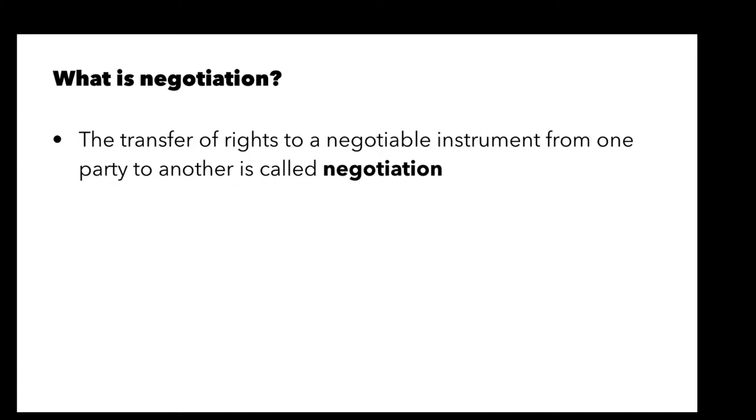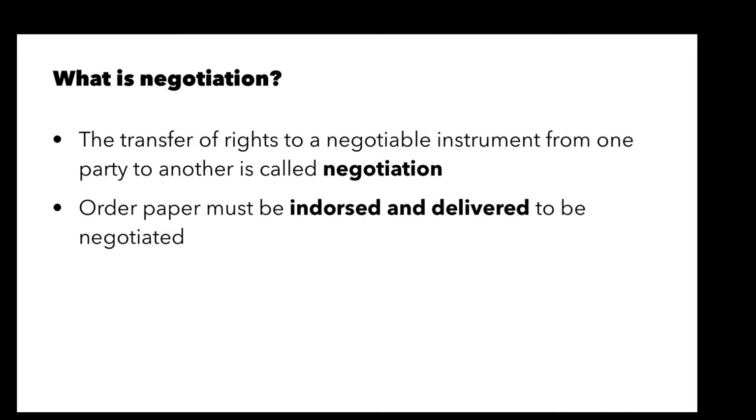So it is a transfer of rights in an instrument from one party to another through a process called negotiation. If it is order paper, it must be endorsed and delivered in order to be negotiated. And we'll talk a lot more about what endorsement means and delivery as well.